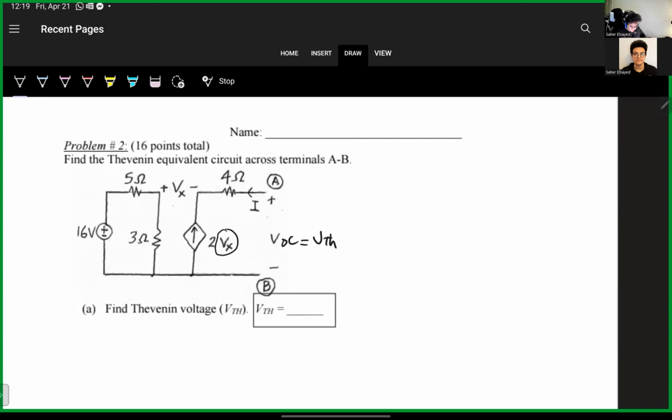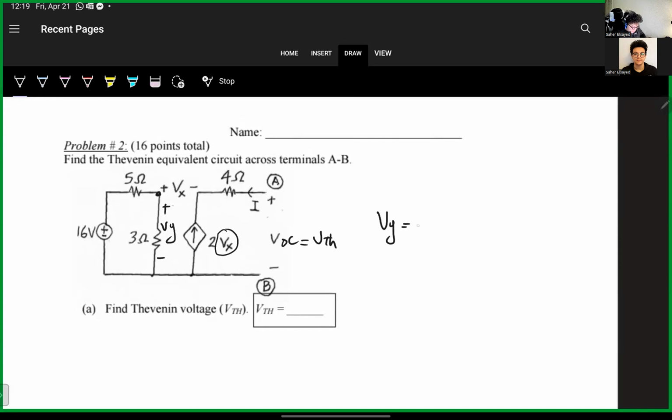First, if we want to find the voltage here, let's call it Vy. What is Vy? Vy is across this one. We can do some sort of a voltage division, right?